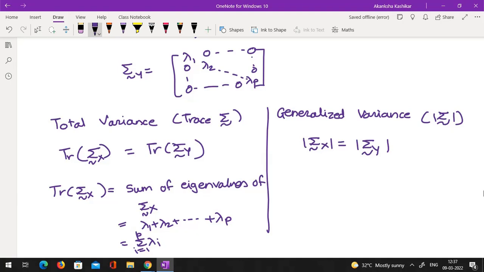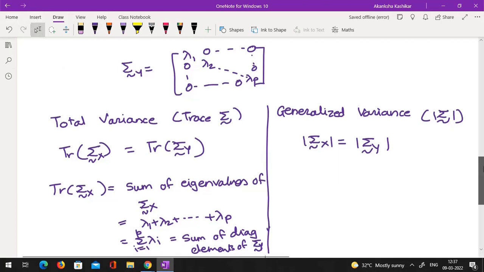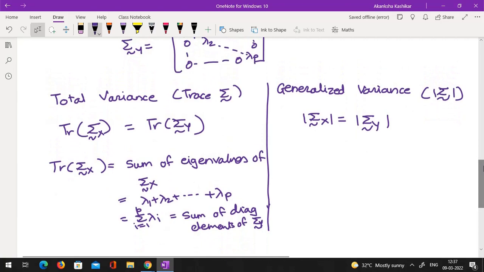So the sum of lambda i is nothing but the sum of diagonal elements of sigma y, which is another definition of trace of sigma y. So this is the same as trace of sigma y. So we have proved that the total variance of the original random vector is the same as the total variance of the principal components. Okay so far?